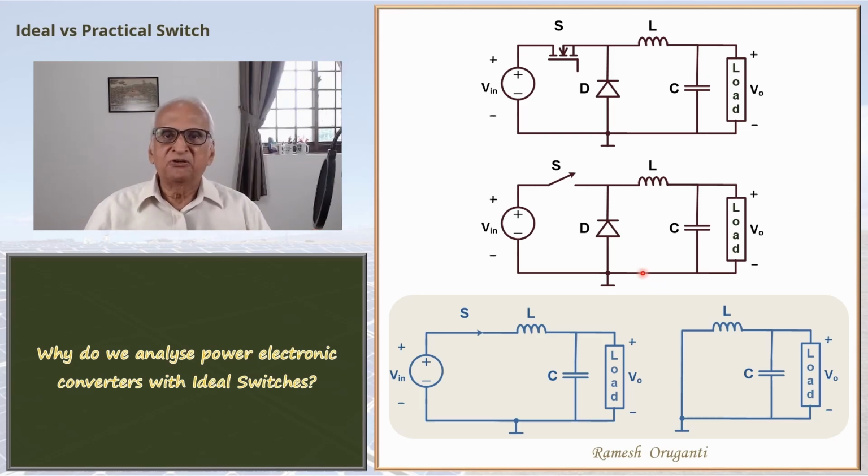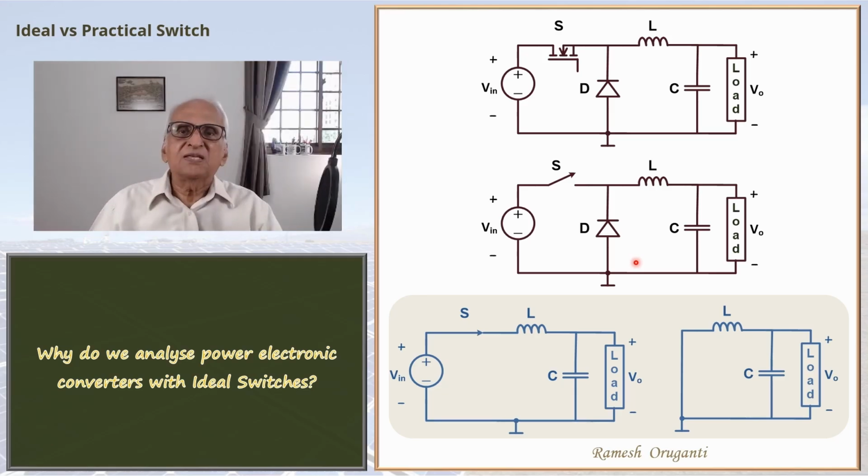We can ignore the voltage drop across the diode. And when it is off, the leakage current can be neglected and we can take it as an ideal switch turning on and off. The only difference is the diode is an uncontrolled switch. So the more complex buck converter devolves into two simpler circuits. The buck converter simply toggles between these two circuits.